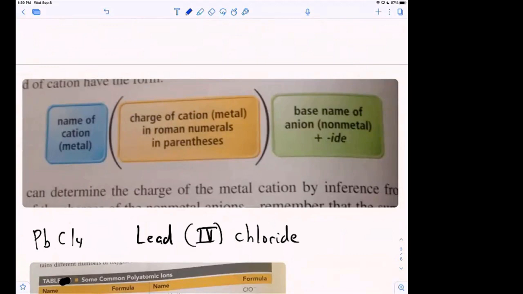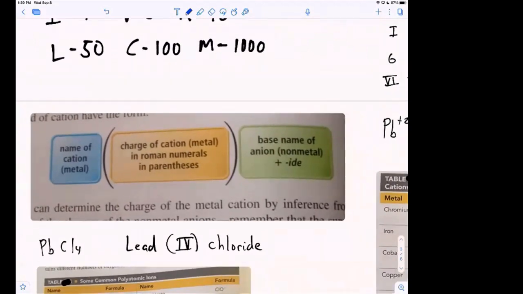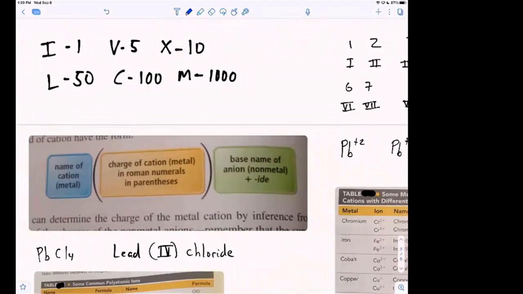The metal keeps its name, and you either say the charge of the metal, or you write the charge in Roman numerals. And then the same thing with the non-metal, base plus ide. And Roman numerals, if you wonder how it works: I is 1, V is 5, X is 10, L is 50, C is 100, and M is 1,000.